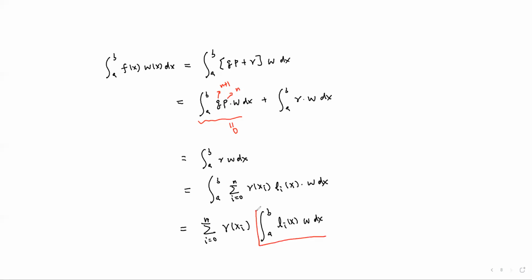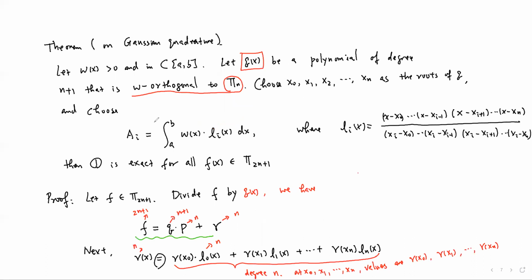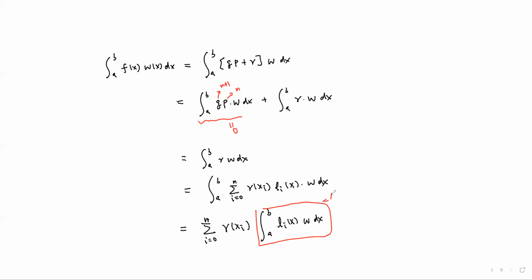This is a number, and by definition it is A_i. So we get the summation from i equals 0 to n of A_i times R(x_i).